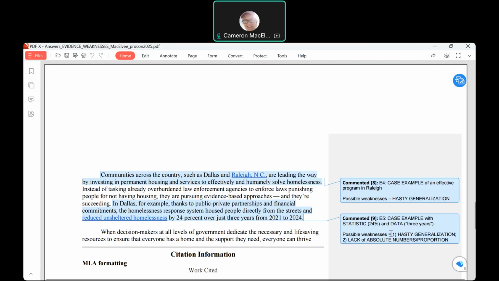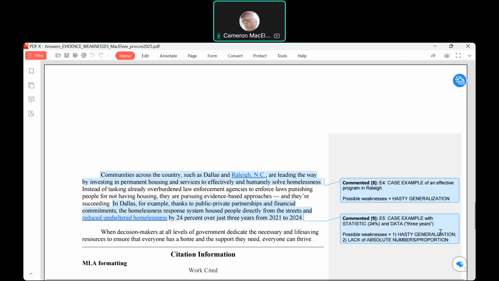With his fifth piece of evidence, he also provides another case example that reports out statistics and data as well. He says in Dallas, for example, thanks to public-private partnerships and financial commitments, the homelessness response system housed people directly from the streets and reduced unsheltered homelessness by 24% in just over 3 years from 2021 to 2024.